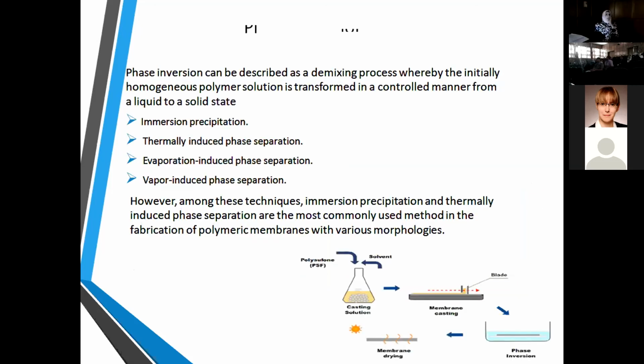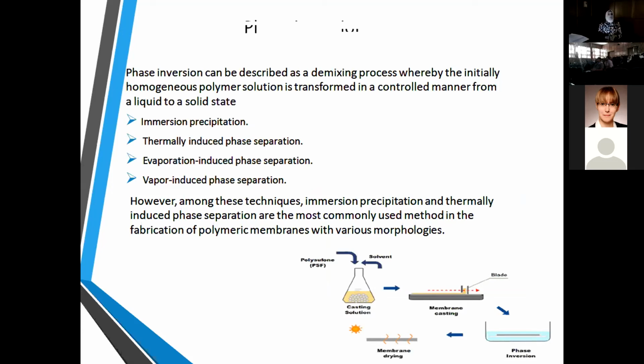It's a demixing of polymers with a solvent to convert a polymer solution to a solid, or to make a substrate. So we have 4 techniques for phase inversion: immersion precipitation, as we see in this picture.